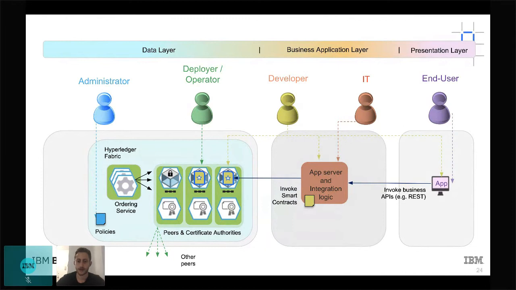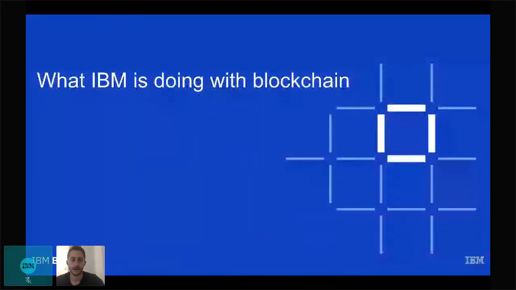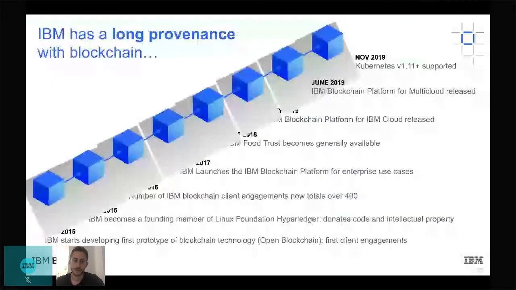But for now, I'm going to go through the presentation, and at the end, I'll answer all those questions. So with that, I want to dive into what IBM is doing in blockchain and how we're really helping all you developers be able to work through all that complicated stuff and build your applications as fast as possible in the simplest way possible.